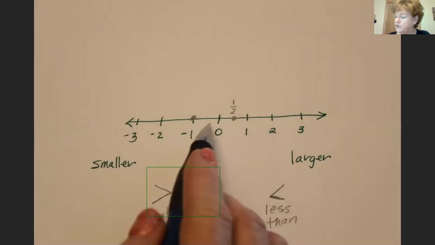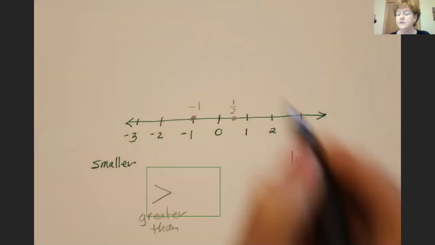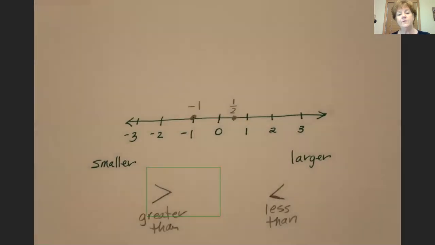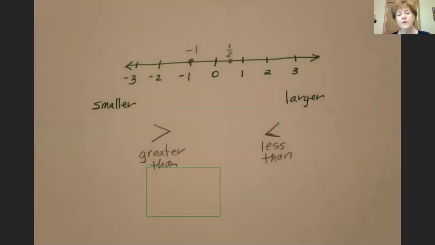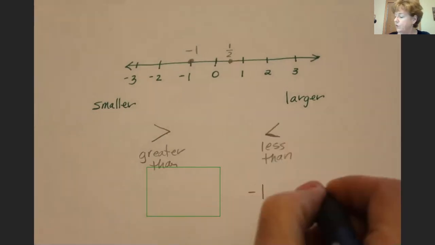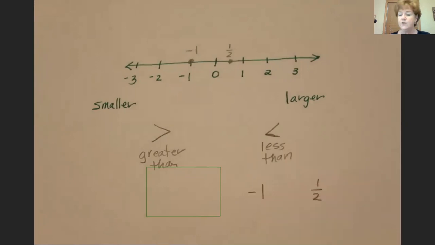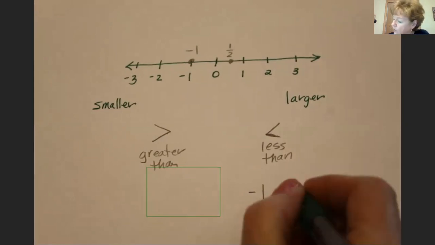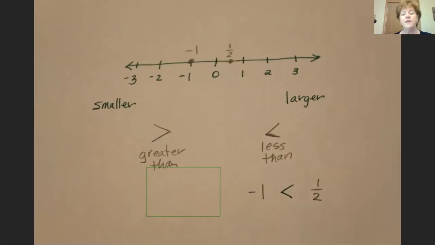So considering these two numbers here, -1 and 1/2, there are two ways I could write this. Let's talk about less than first. -1 is smaller than, or less than, 1/2, so I'm going to have my arrow point to the -1, and we would read that as -1 is less than 1/2.